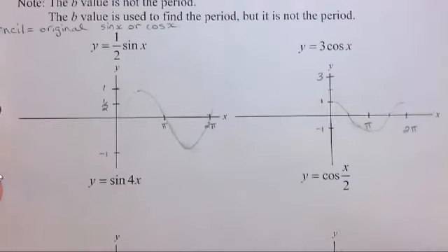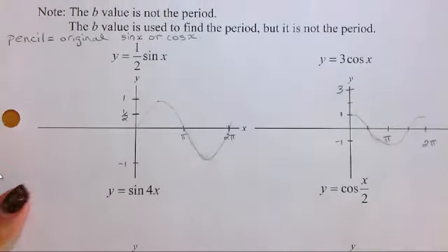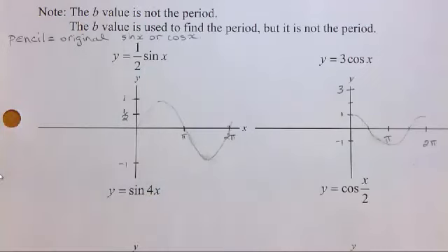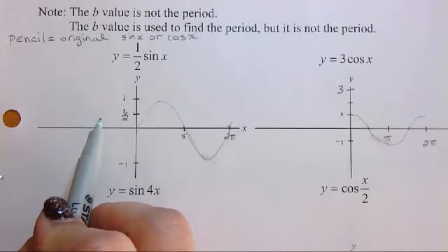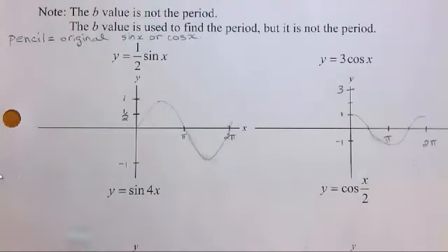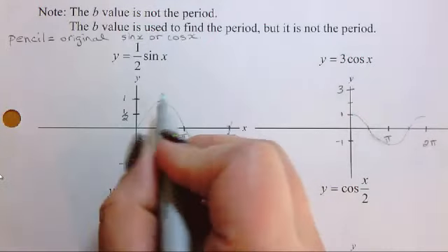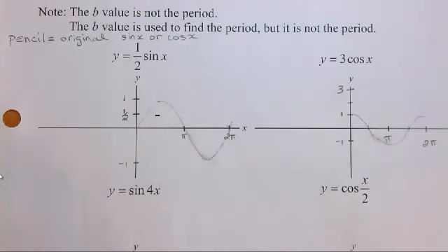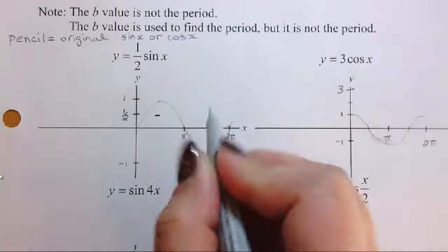What I've already done for these is I've drawn in pencil the original sine x or cosine x, depending on what my base is. Here my base is sine, so I've already drawn sine x, and I'm going to apply a vertical stretch by 1/2, or I could look at it as a compression. So it's going to be half as tall as the original.